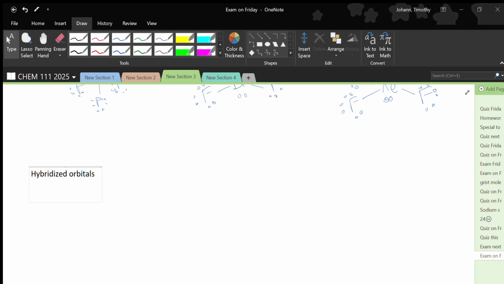All right, and hybridizing these orbitals is really important in organic chemistry, and it's going to show up in the lab you do after you get back from break. So I'm going to talk to you about it now. I am not going to put it on the test, but do write it down so when you go to lab you kind of know what it is.